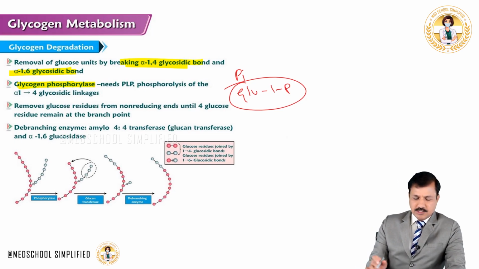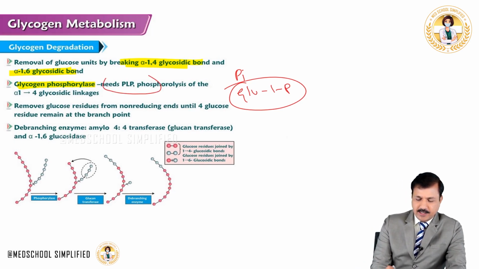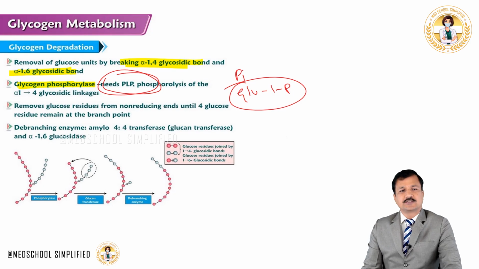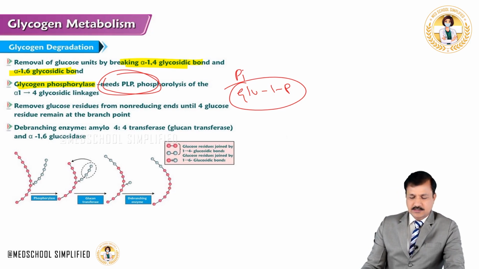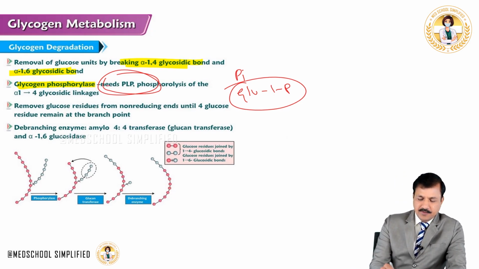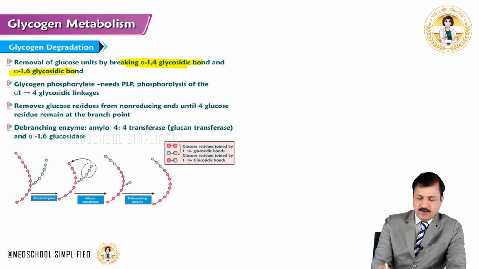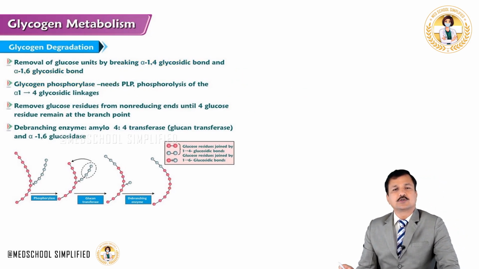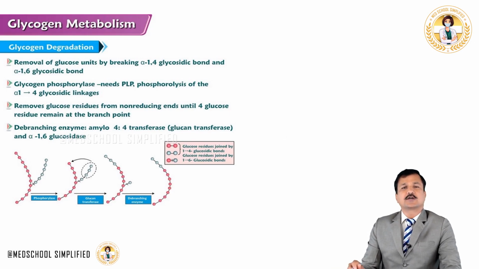Glycogen phosphorylase needs pyridoxal phosphate as the coenzyme, and that helps in the phosphorolysis of the alpha-1,4 glycosidic linkage by incorporating inorganic phosphate. Meaning, inorganic phosphate is necessary for the degradation of glycogen to release glucose-1-phosphate, and pyridoxal phosphate is acting as a coenzyme. Make sure you remember this point.